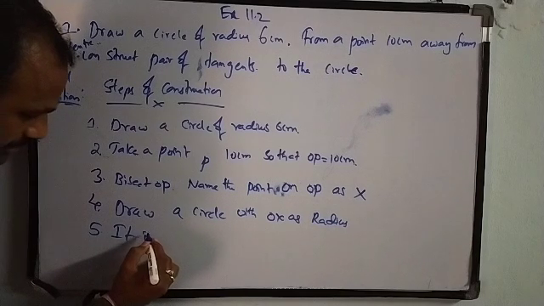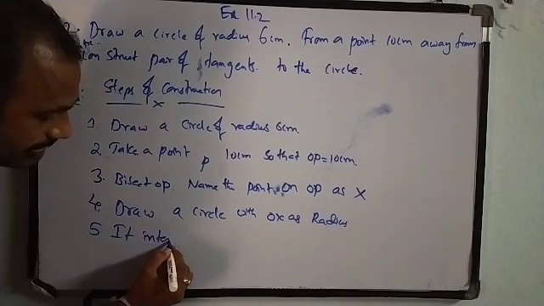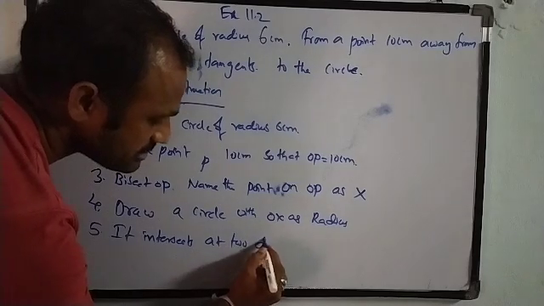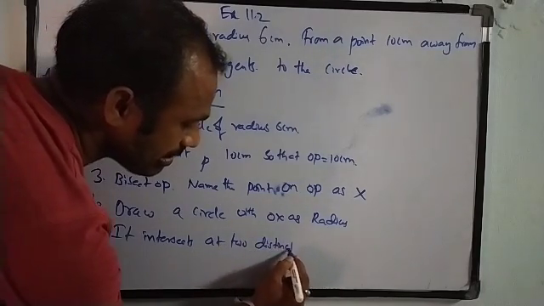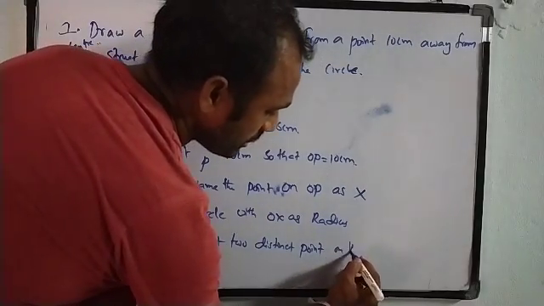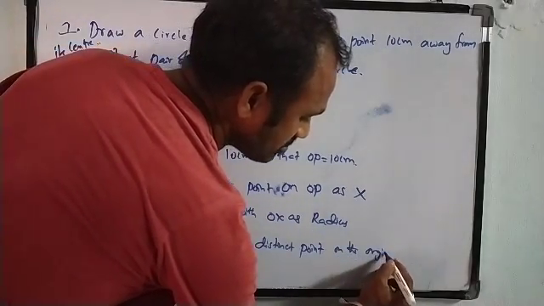So it intersects at two distinct points on the given circle, on the original circle.